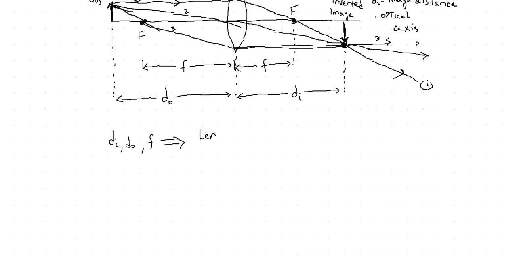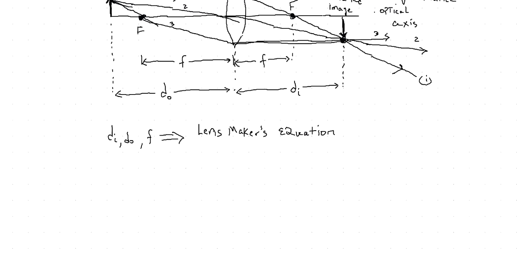So this is what they use at all the optic stores to make your lenses. It's a simple equation, but students have a lot of trouble with it because they cannot do fractions, okay?